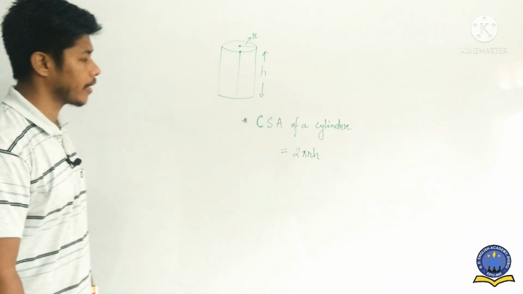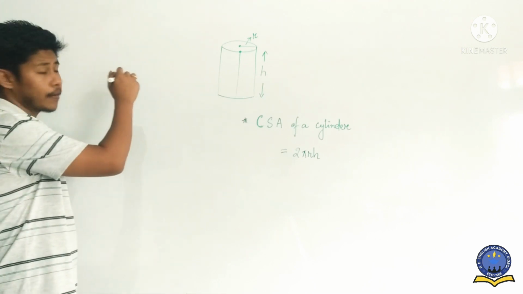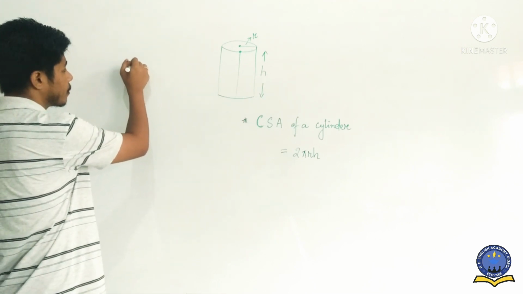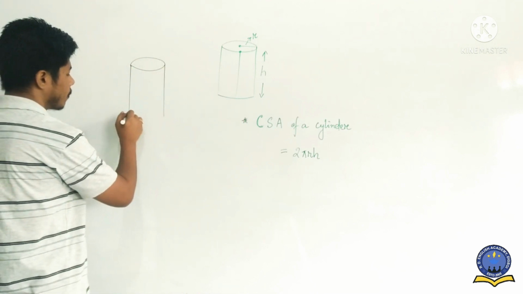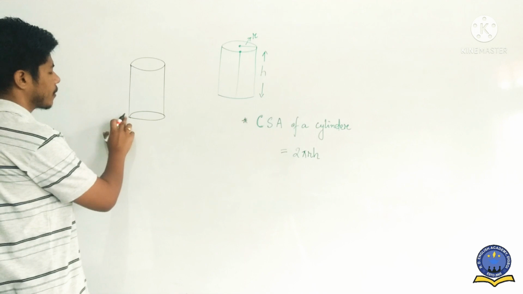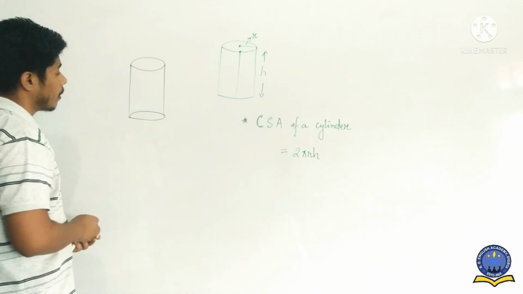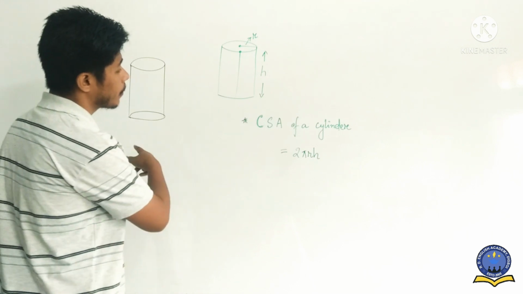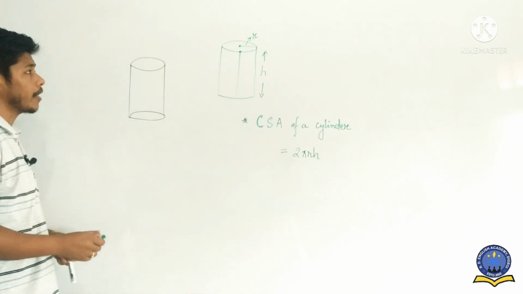Now next one is another very important one. Here again, if we consider a cylinder, it is the right circular cylinder we consider. The surface area of this right circular cylinder, we already know the formula: twice pi r h.